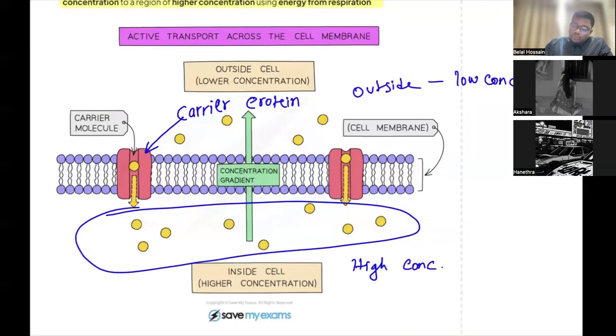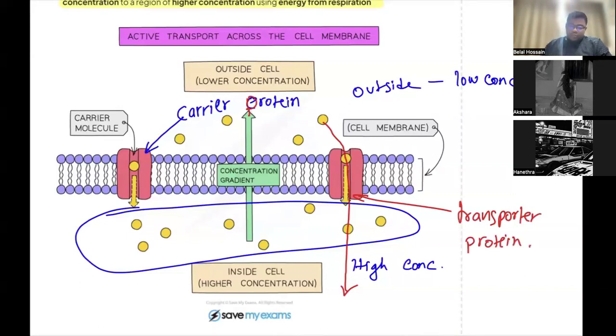So if we want to move it, we can only move it using energy and using a transporter. These are carrier proteins. They are also called transporter proteins. So one thing can have many names. Carrier protein, transporter protein. They use energy from respiration.